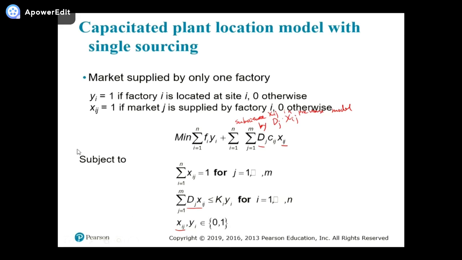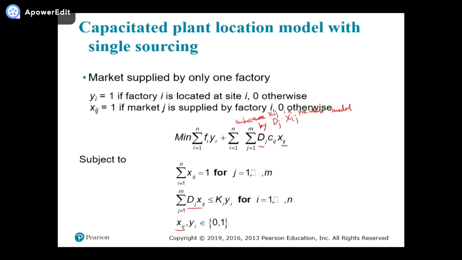So this is a more constraining model, right? We don't have the flexibility of supplying a demand site with multiple supplies. So what we expect is that the solution is going to lead to a higher cost than if we had that flexibility.